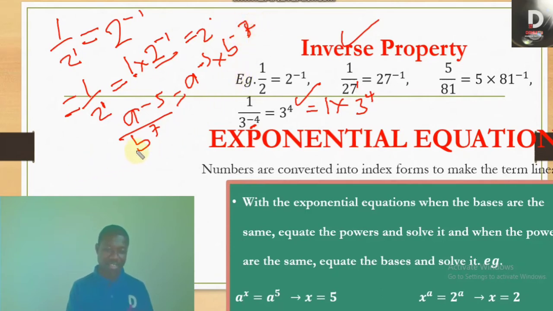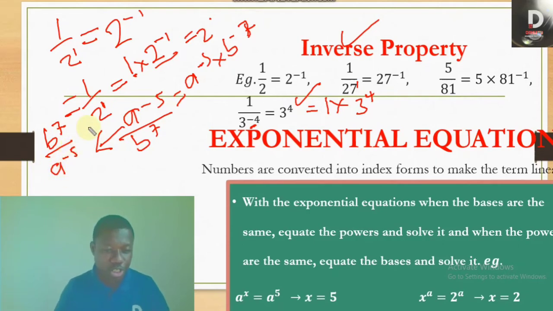On the other hand, if we exchange position, our power doesn't change. So if this one is like this, b comes up, power 7. A comes down, power negative 5. Our powers don't change. Why? We have just exchanged position. You took over my space, I also took over your space.